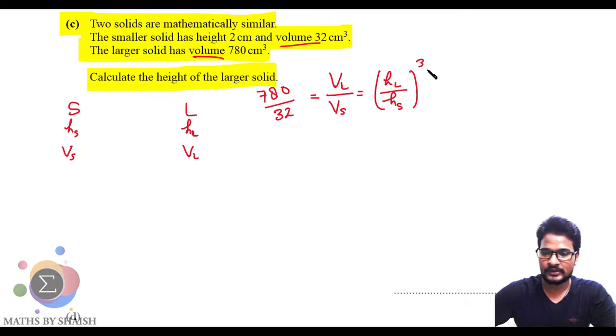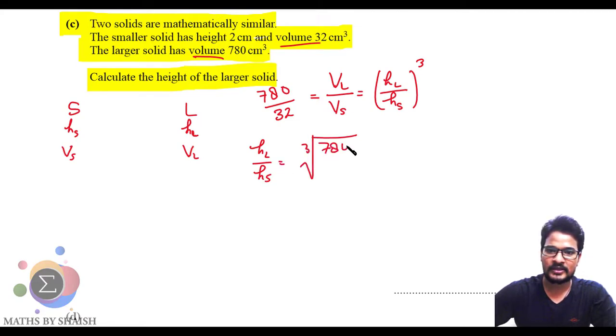Hence we will solve. There is a cube, so to solve it we have to take the cube root of the other side. So we get cube root of 780 over 32, and we will calculate. This value is coming 2.89944 and so on.